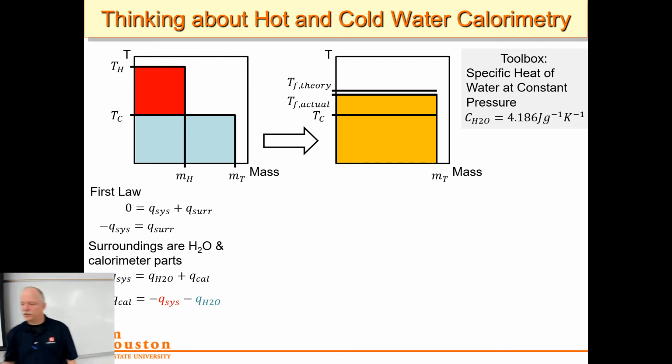The temperature is going to drop, and the theoretical temperature, if these were equal masses, should be halfway up, right? Because it's equal masses. Let's just think of it in terms of 100 joules of excess heat in the hot water, and then mixing it with cold water, it's got 50 joules.